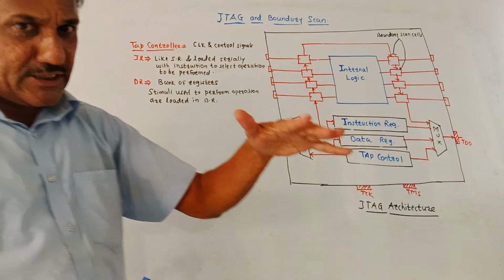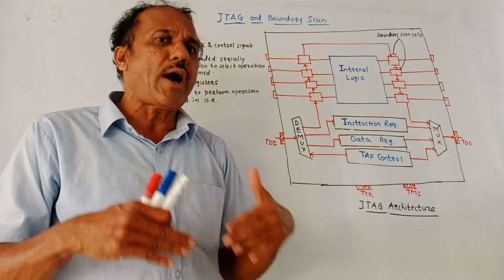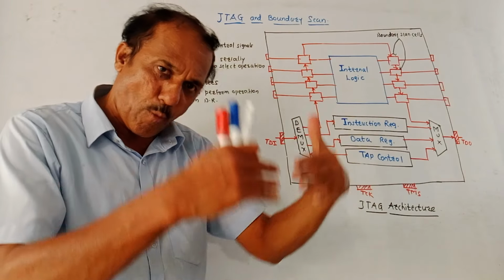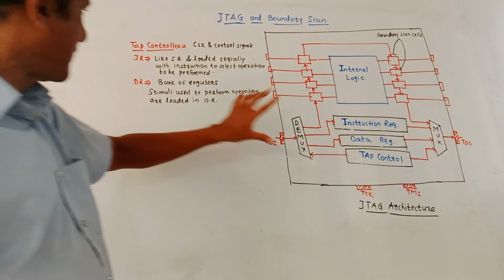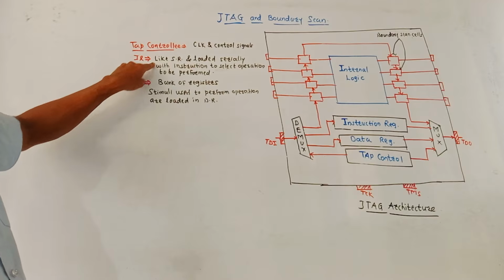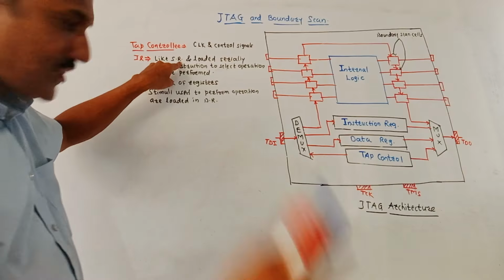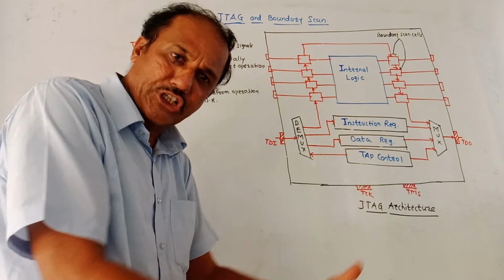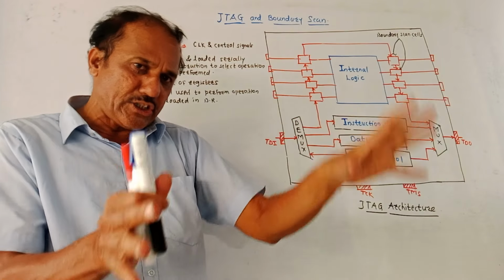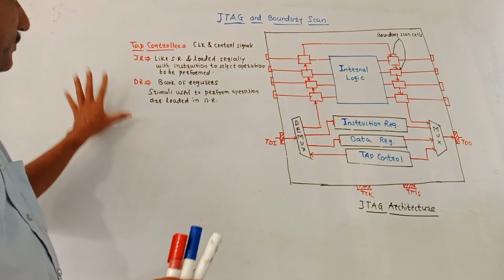As the name indicates, the different instructions which are required to perform a particular operation should be given. So that is the function of the instruction register. It is like a shift register, and it is loaded serially with the different instructions. Then according to that instruction, a particular operation is performed.